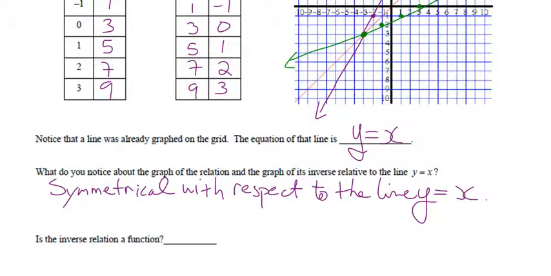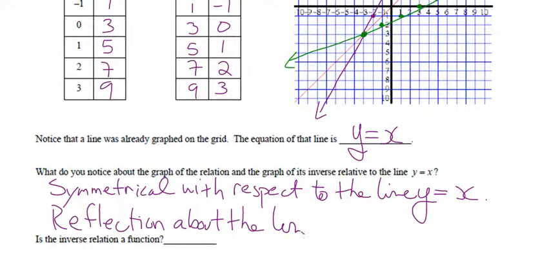But what we're really going to say is it's a reflection about the line y equals x. Because you're going to do a lot of that in 30-1. There will be a lot of reflections.